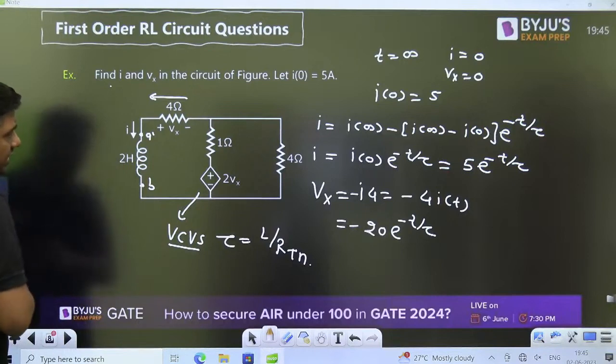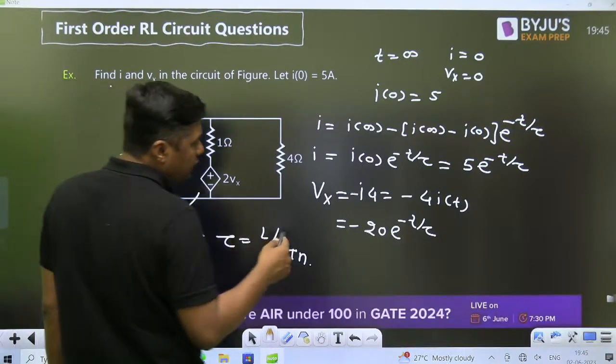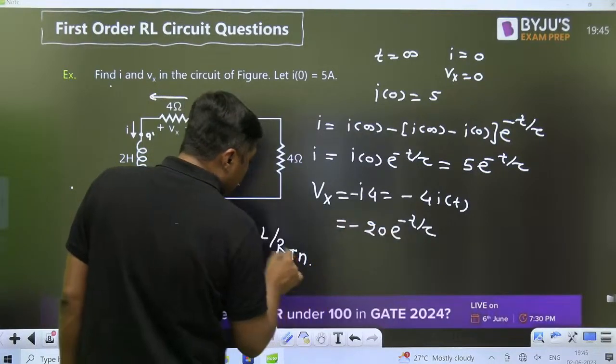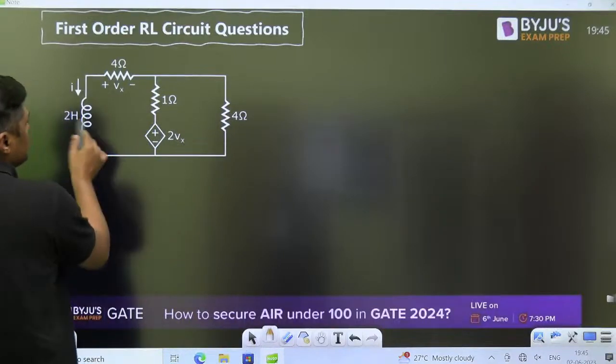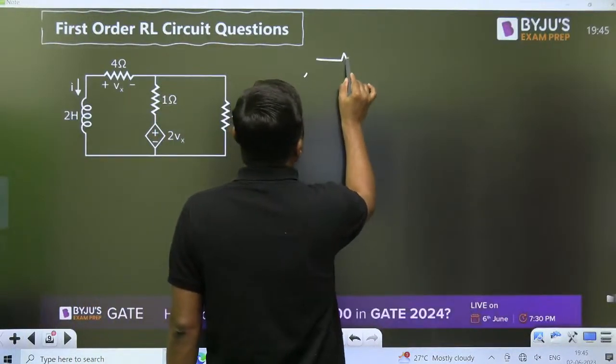So for time constant, what we are doing? First of all, 2 Henry inductor, and then you have to find what? Tau, means RTH. How we can find the RTH? First of all, remove the inductor. Then this diagram is like this.